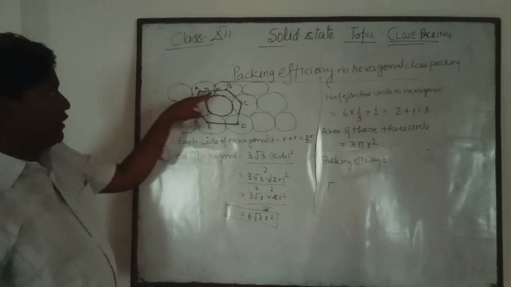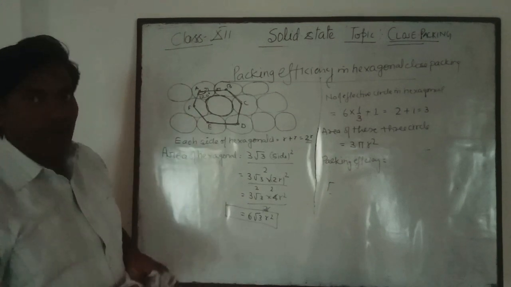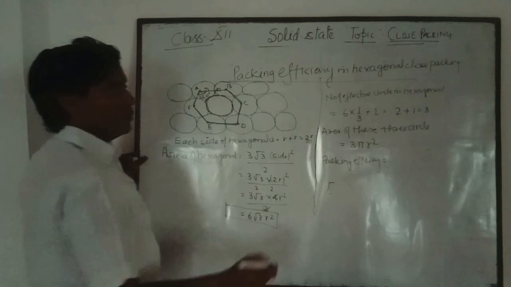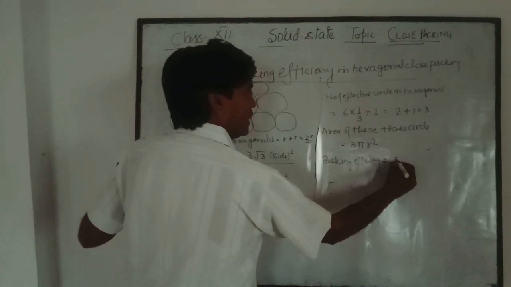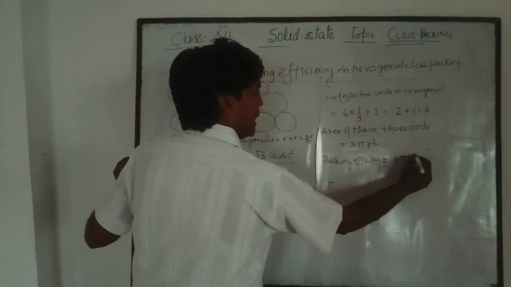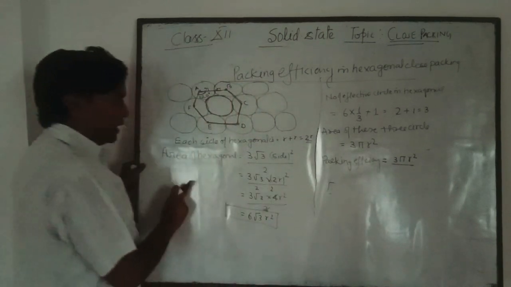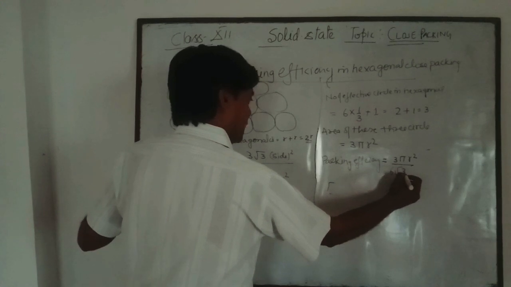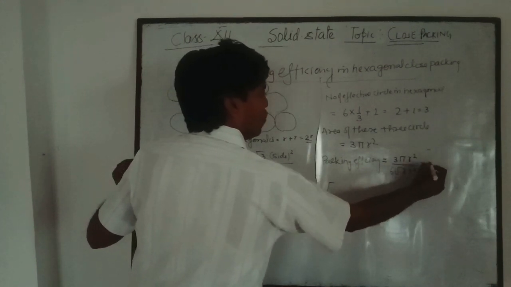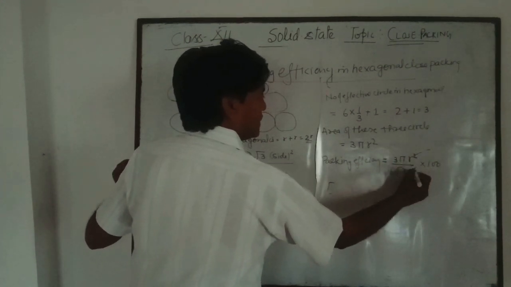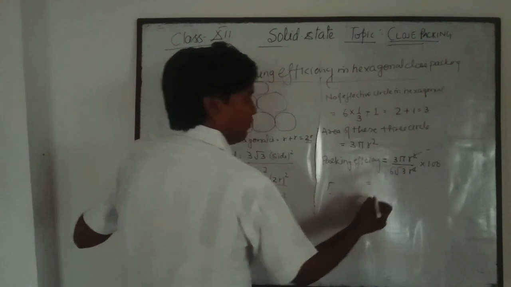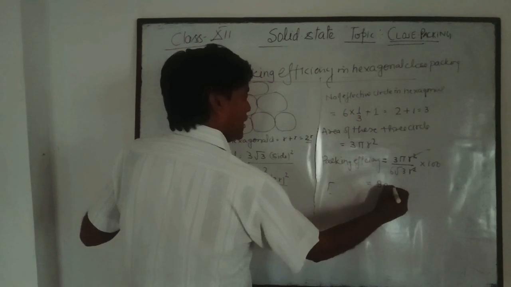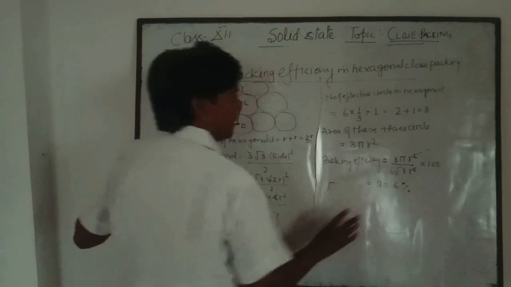Area of the effective circles upon area of the hexagon. So what is the area of the effective circles? 3 pi r square. Beta, what is the area of the hexagon? That is 6 root 3 r square, into 100. This cancels out, and when we place the values, finally we get 90.6%. You can calculate it.